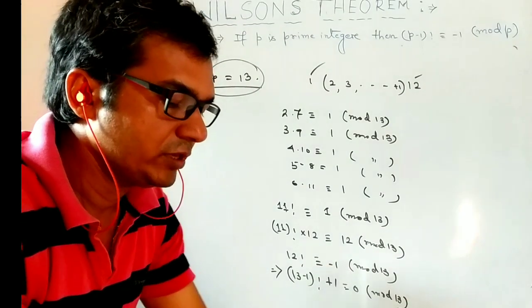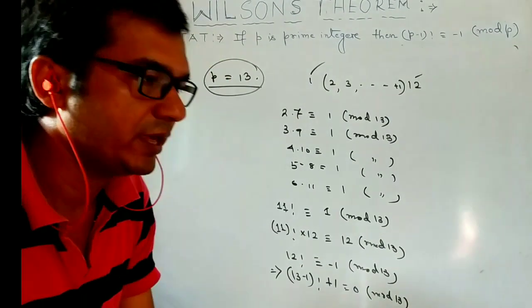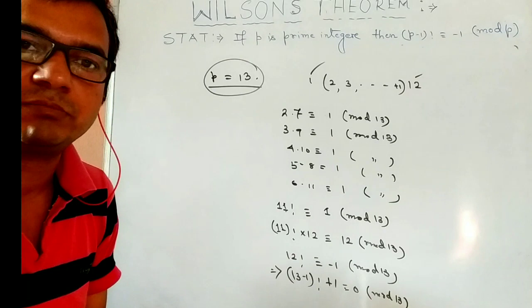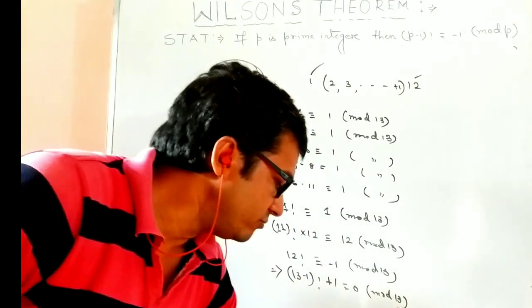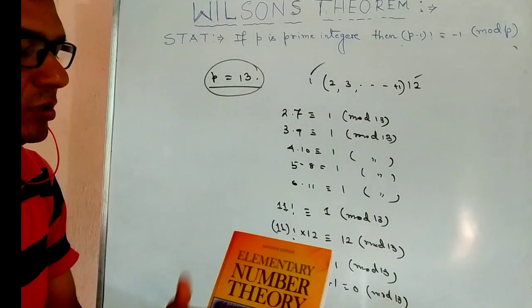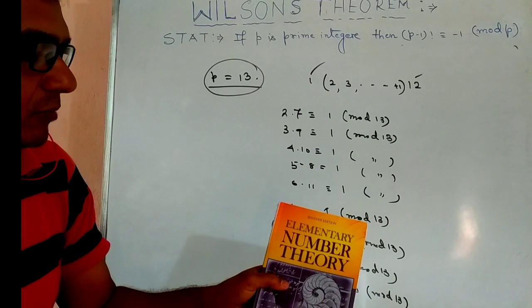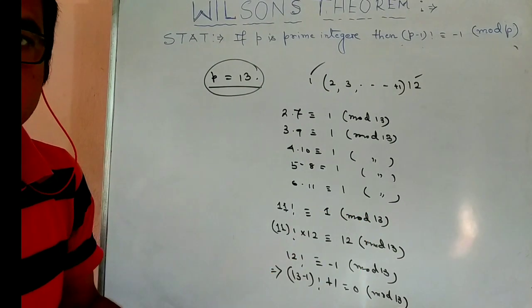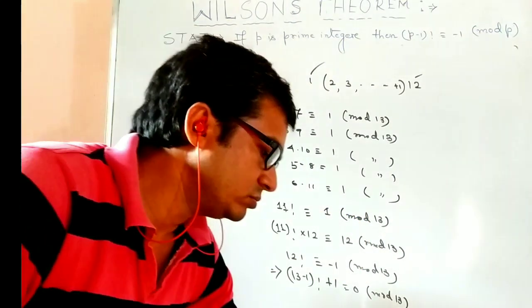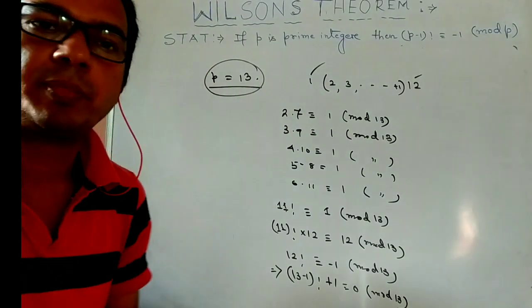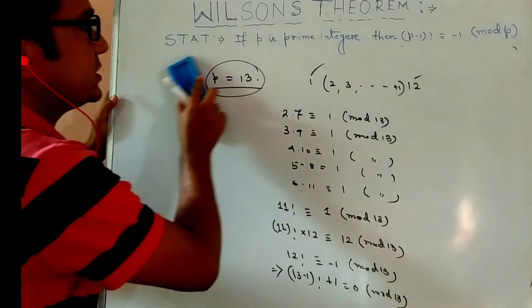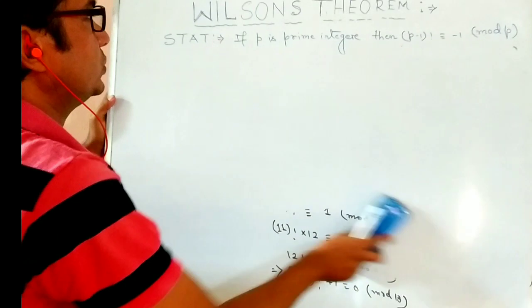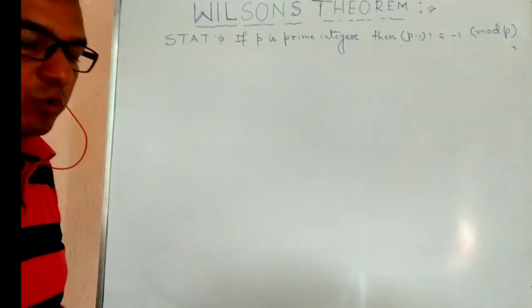Now we consider an example from the book Elementary Number Theory by David Burton, to understand how to use Wilson's theorem in a problem.